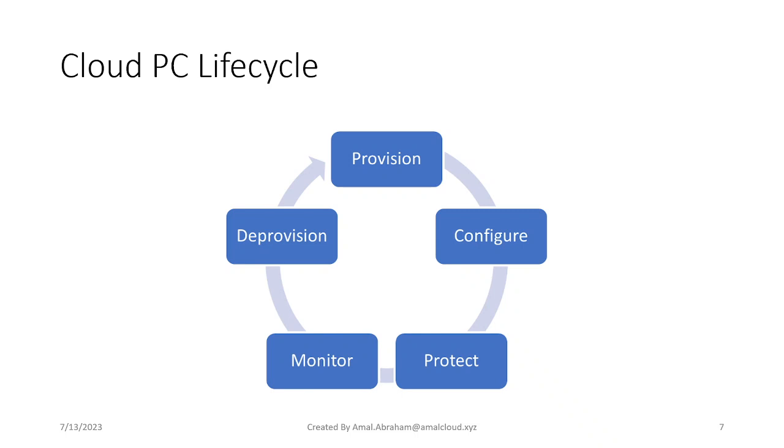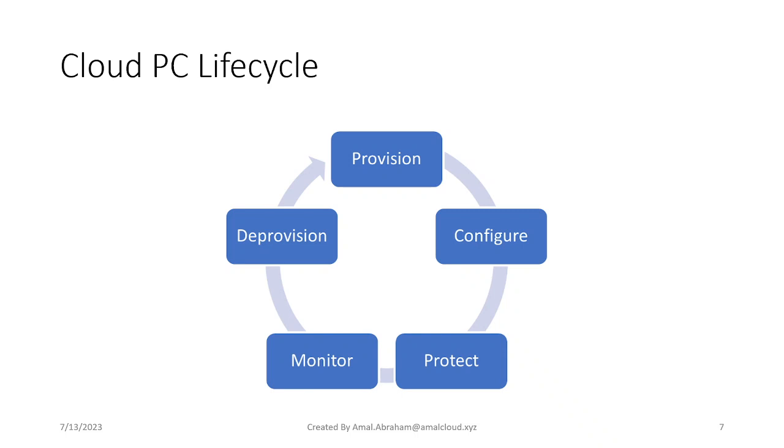Then you need to protect it. So this is where Windows 365 Defender will come into the picture. Your granular security policies, redirection policies, like you need to block USB, you need to block the clipboard, you need to block copy paste, right? Or you need to block the client drives, right? All those things will come in the protect section.